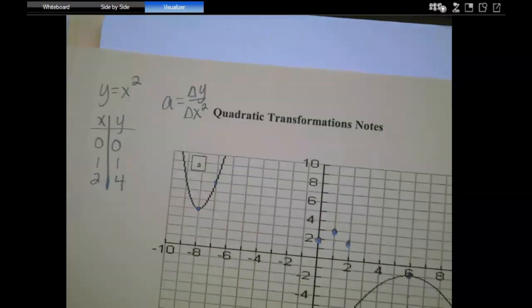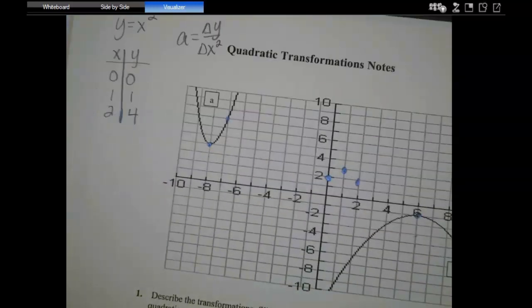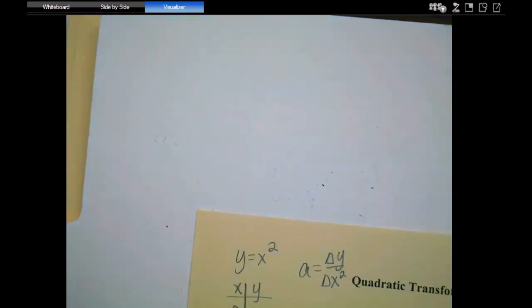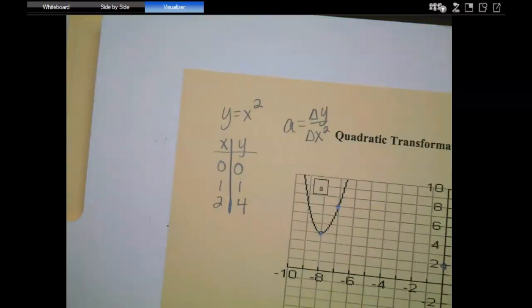Okay, now here's what I need you to hear for the next one. So does everybody see I counted down over 1? My A value is 1. And we said my next point would be 2, 4. Is that correct?